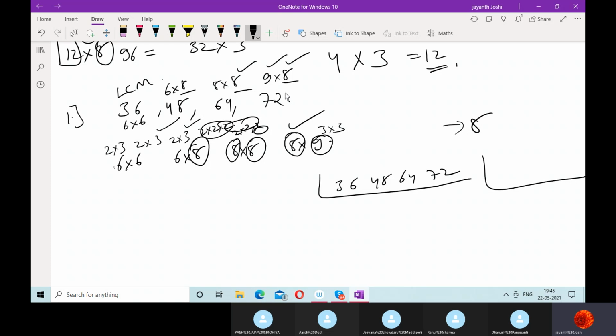So 8 definitely is there and 9 is there, and this 6 I can write 12 3s are 36. See, I will tell you how to do it. 36, 48, 64, 72. So we should see which number has all the common factors. That number we can take. Here I can write 9 into 8, 72. Here I can write 12 into 3, 36. Correct?